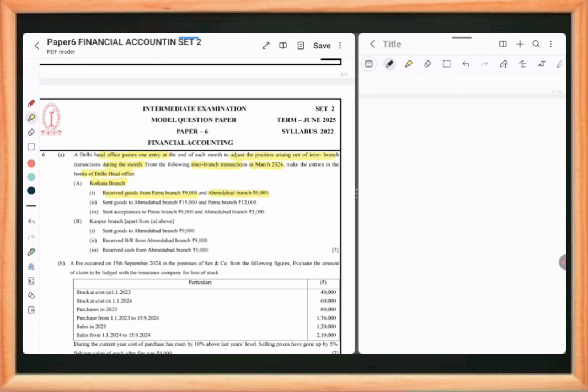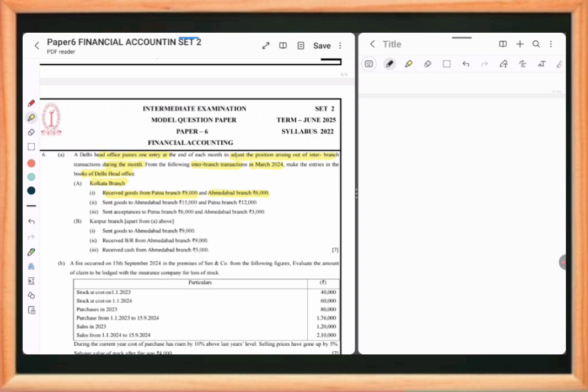Kolkata branch is the receiver, and the givers are Patna branch and Ahmedabad branch. We would write Kolkata branch account debit to Patna branch and to Ahmedabad branch. But we will prepare one consolidated inter-branch transaction statement and find the net balance. We will pass only one entry, that is adequate.